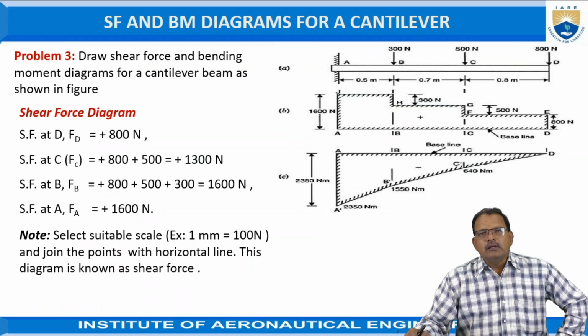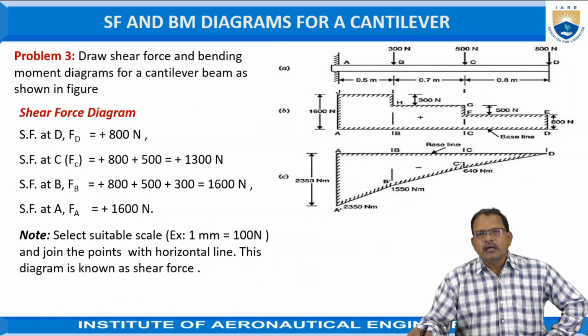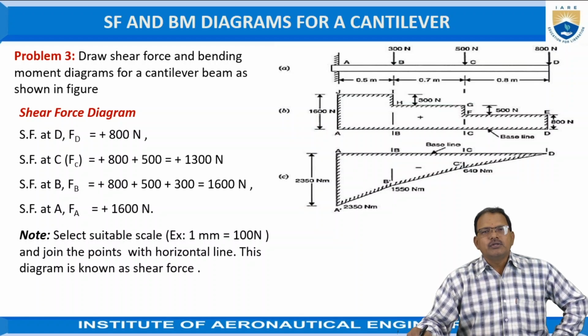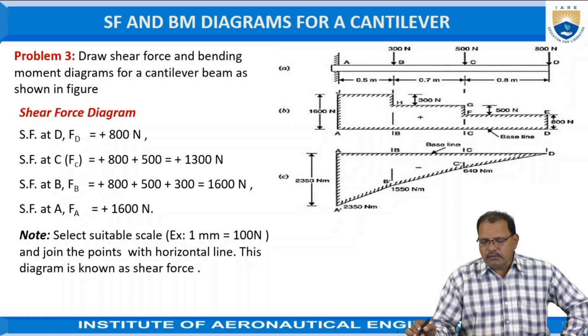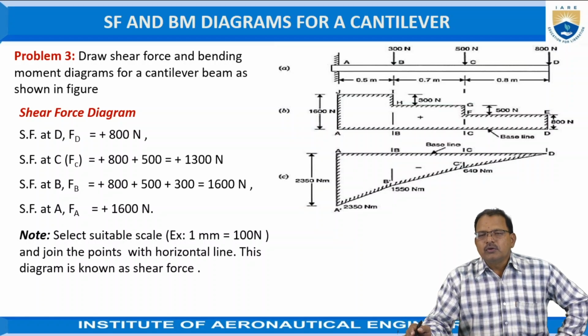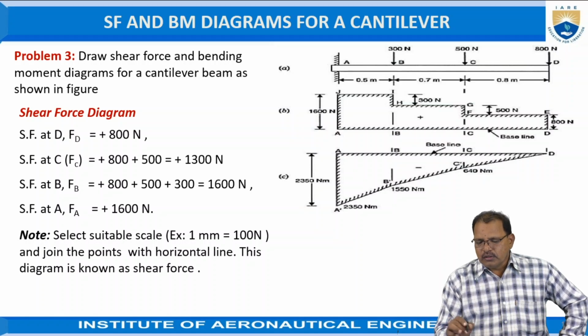Okay, problem number 3. Draw the shear force and bending moment diagram for the cantilever beam as shown in the figure now. So here, the given data: the length of the beam is equal to 2 meters. AD, this is the total length of the beam, equal to 2 meters. But from D position, at D 800 newtons force is acting downward.